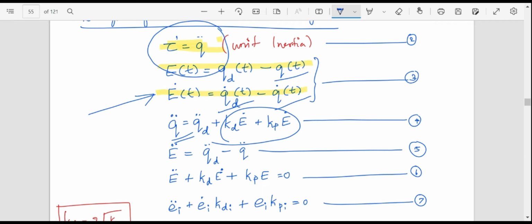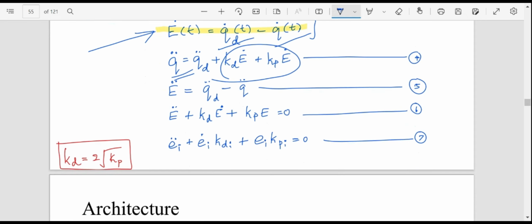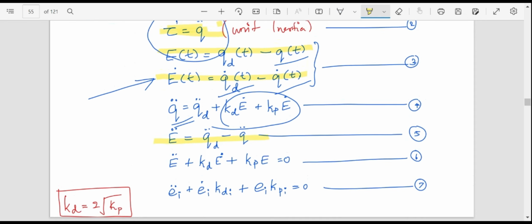KD is the velocity gain and KP is the positional gain. When we calculate this, the acceleration error helps in deriving the error dynamics, which is given as equation number 6.